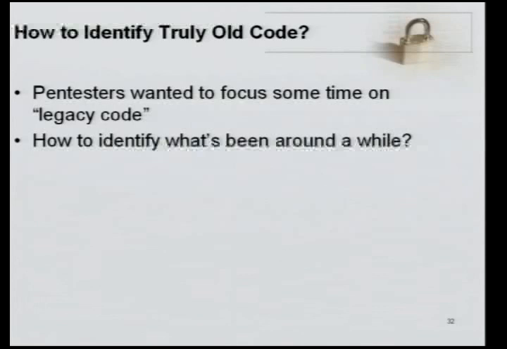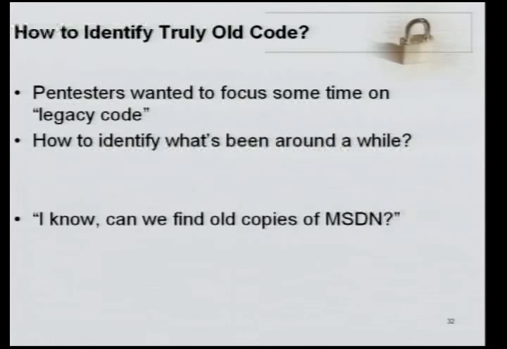A couple of them wanted to really spend their time looking at legacy code in the product. So they said, what are the different ways we can easily identify legacy code in Windows? And so how do you identify code that's been around? And Chris Padgett or Dan, I can't remember which one, came up with the idea of, if we can find old copies of MSDN, like 10-year-old copies of MSDN, obviously that's really old stuff. And if that's still in the product, we really want to go look at it.